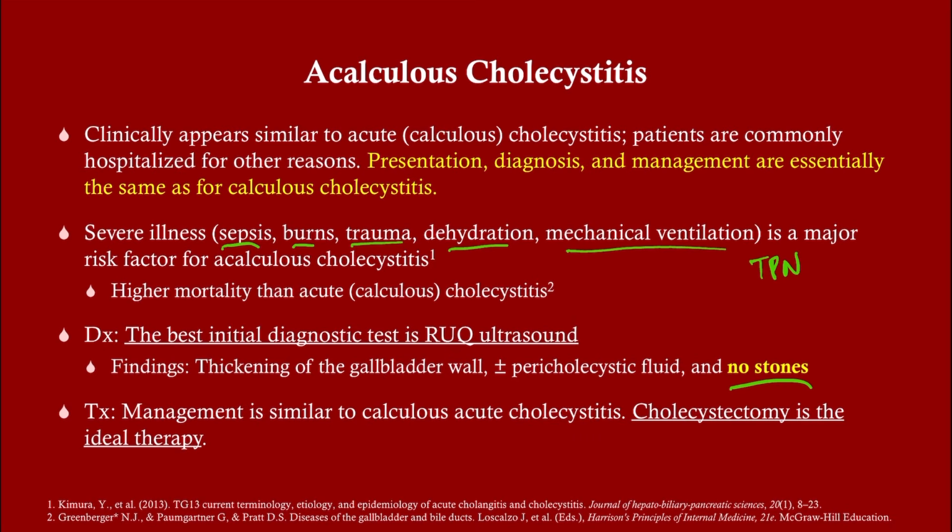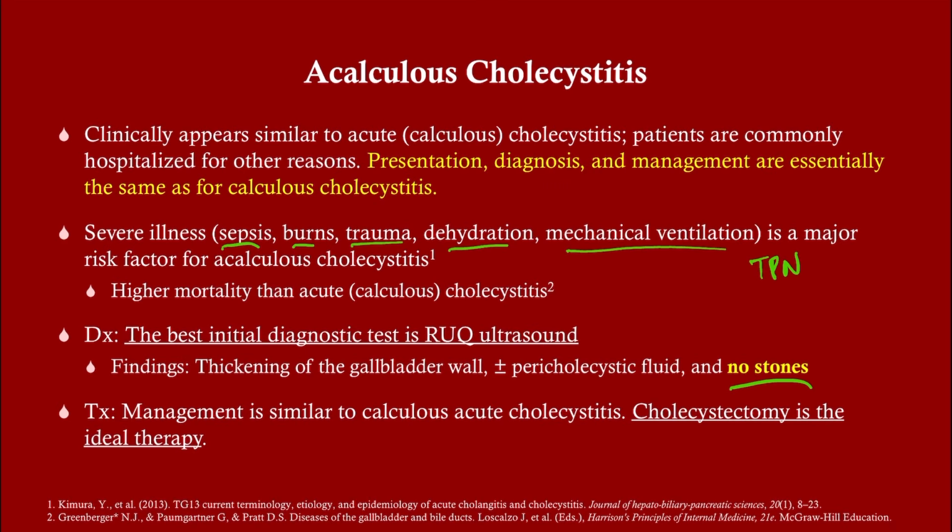So with biliary stasis, you've got more opportunity for stones to form, but you also have disorder in the movement of bile, and that can cause a cholecystitis. So just being on TPN raises your risk both of calculous acute cholecystitis and of acalculous cholecystitis for two different reasons.